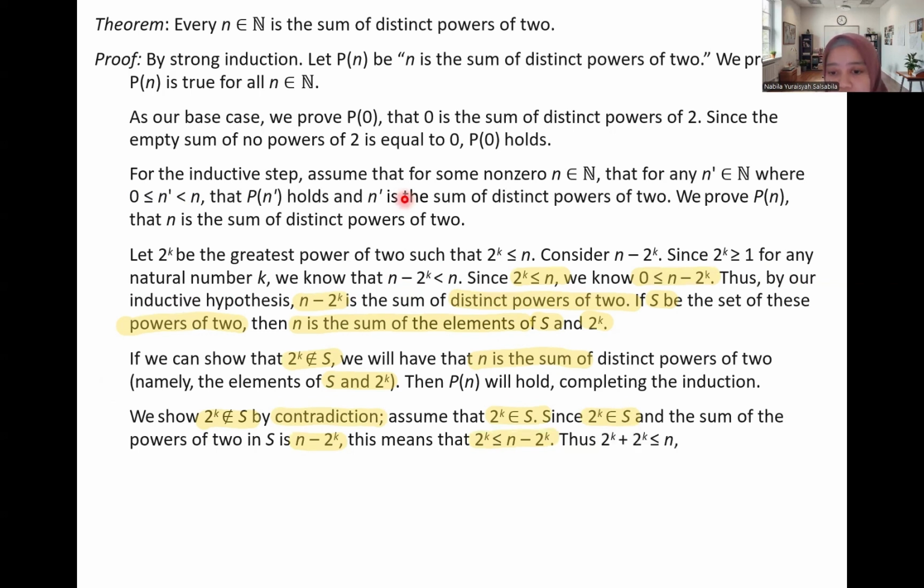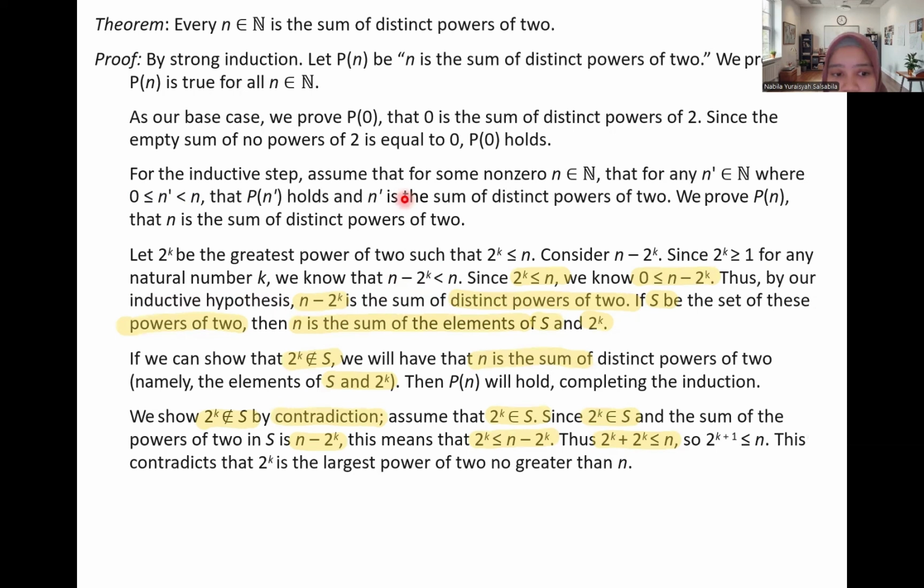Thus, 2^k plus 2^k is less than or equal to n. How to do this is by adding 2^k to both sides: 2^k plus 2^k, and then n minus 2^k plus 2^k. Okay, so 2^(k+1) is less than or equal to n.